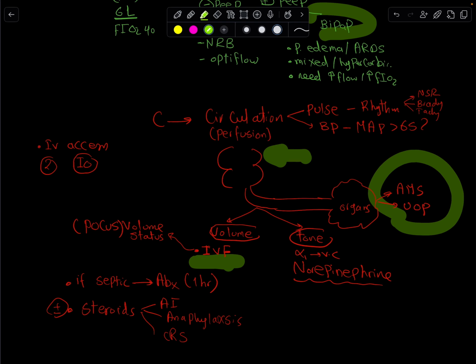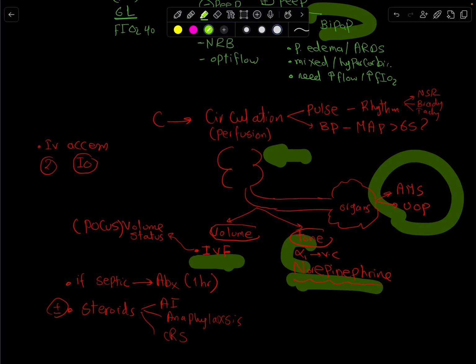So we talked about perfusion: we need the heart, and we need the blood vessels to have tone and volume. We talked about the volume; now the tone. You need vasoconstriction to perfuse these organs, and as a first-line vasopressor we usually use norepinephrine, which is an alpha 1 agonist that causes vasoconstriction.